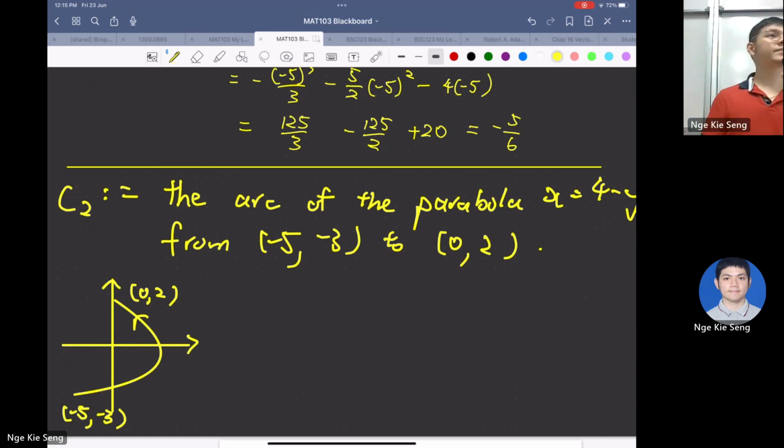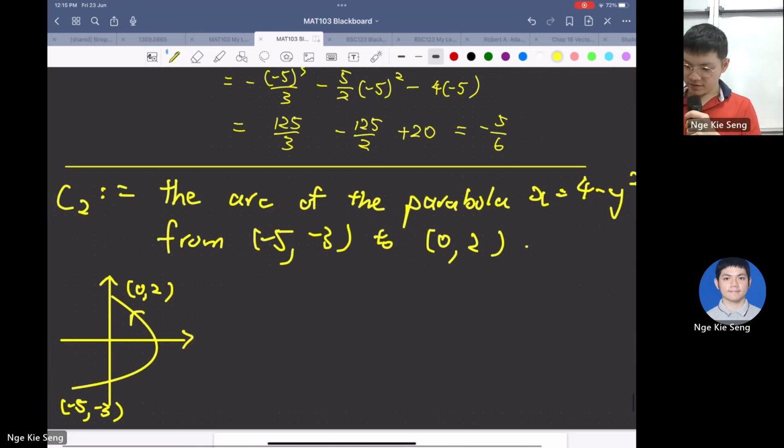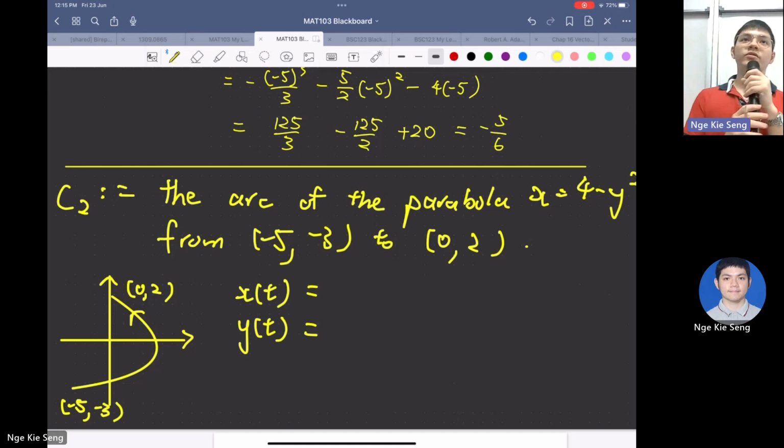So how to write the parametric equation here? Any idea? Let's write it in terms of t. You're given the equation of this parabola already.